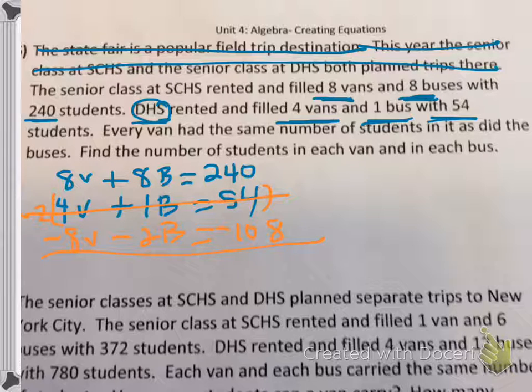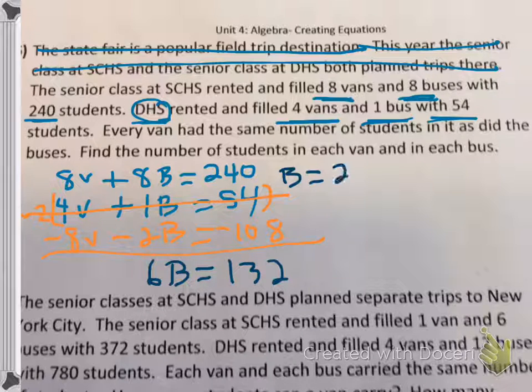My 8's canceled, and I get 6b equals 240 minus 108, which is 132. Now I'm going to divide both sides by 6, and I get b equal to 22 students. So in each bus they had 22 students. We're going to figure out how many people they had in each van by substituting back into one of the 2 original equations.